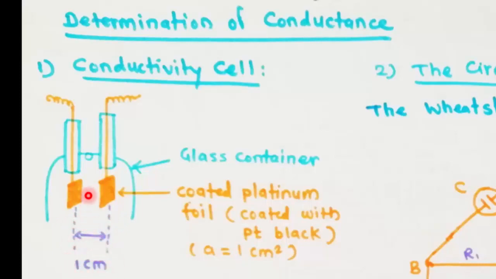The distance between the two platinum foils is 1 centimeter and the area of each foil is 1 centimeter square. These two foils are connected by copper wire. Now this whole assembly is enclosed in a glass chamber.